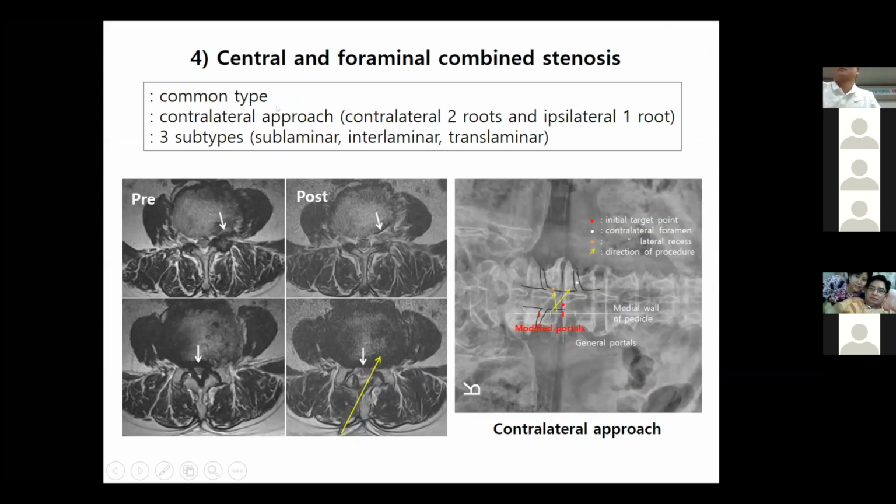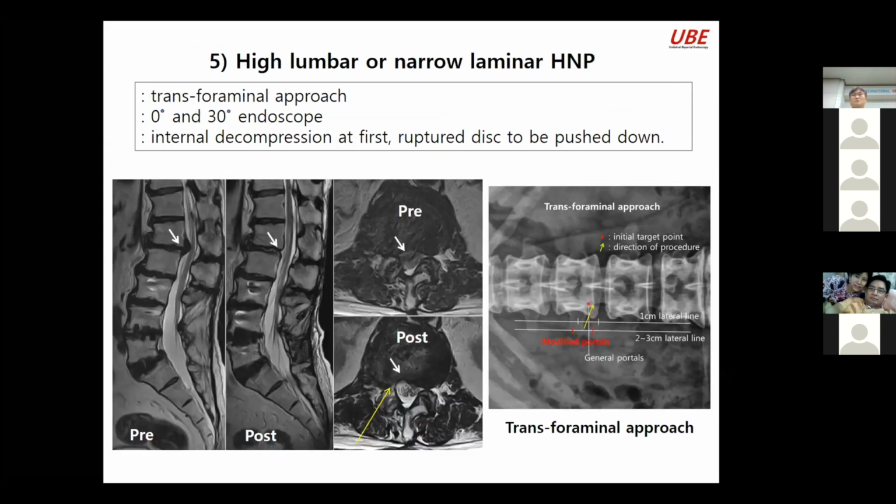For central and foraminal combined stenosis, a common type, here, this one, central stenosis with foraminal combined, I approach this way. One time, this one. This contralateral approach is the biggest benefit of endoscopic surgery compared to microsurgery. This one is high lumbar with narrow lamina. Also this one is L12 central ruptured disc.